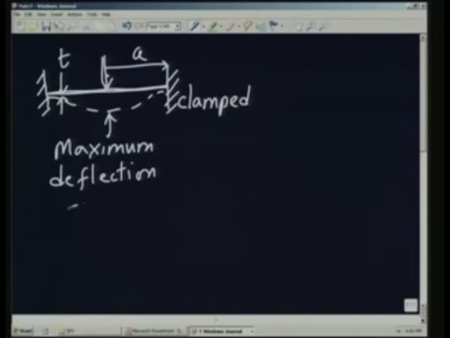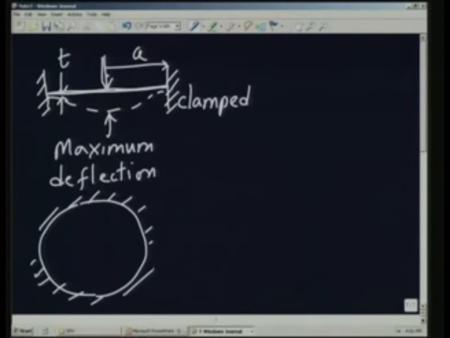Actually, if you look at it, it will be a circle which I fix here, fixed at the periphery. And I am talking about the deflection at the very middle of that circular diaphragm of thickness T, radius A, and let us assume that E is the Young's modulus and nu is the Poisson's ratio for the material of the diaphragm.